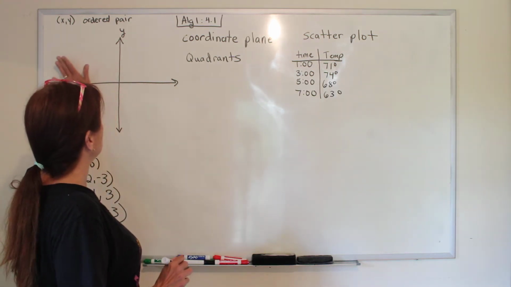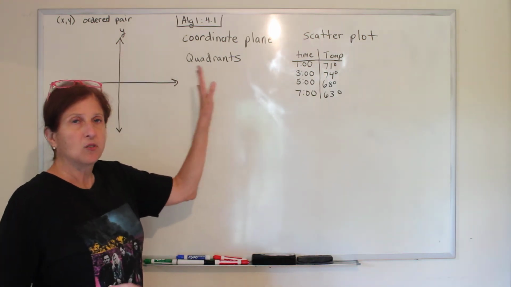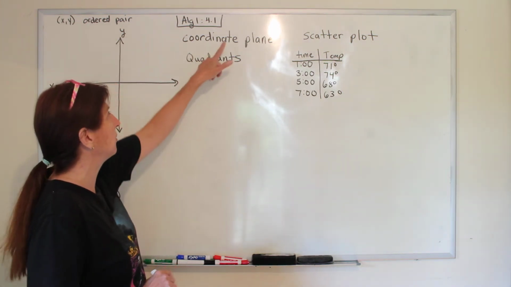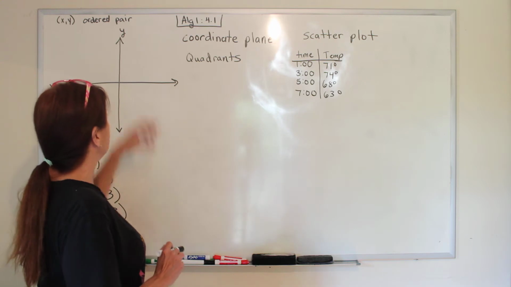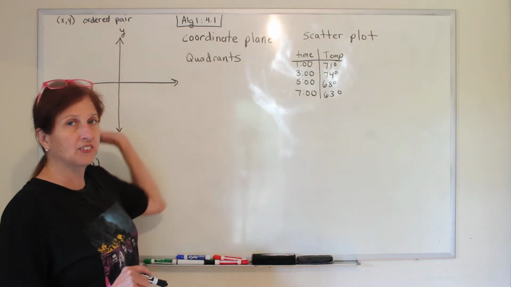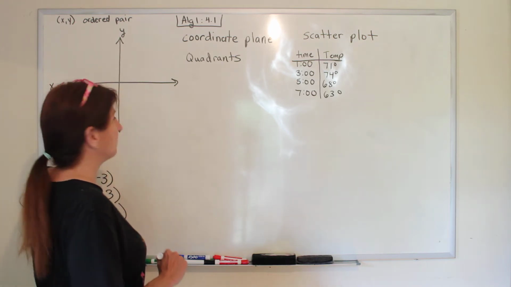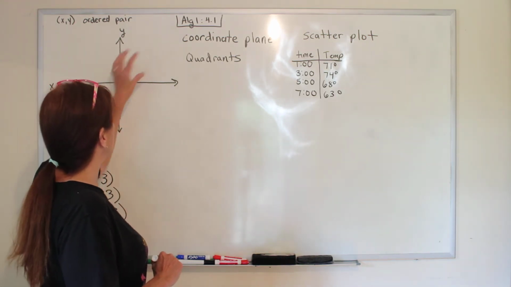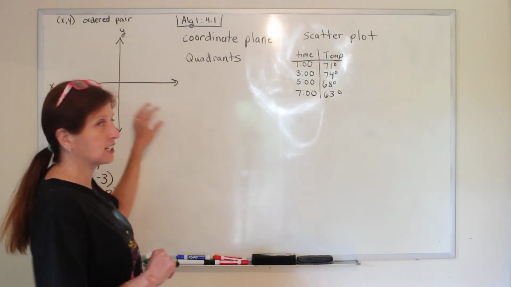All right, so the fancy math word for this piece of graph paper that we're going to graph things on is called the coordinate plane. If you have it with the big plus sign on it, these are the axes, the x-axis and the y-axis, it divides it into 4 sections.